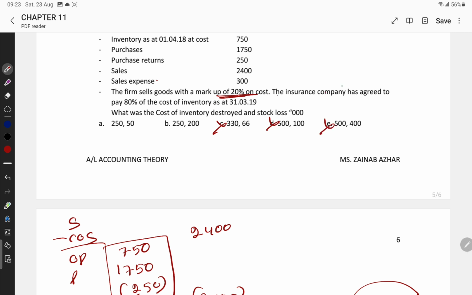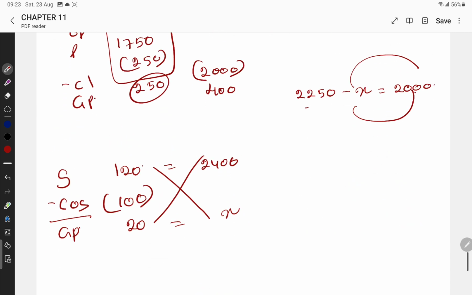So insurance company has agreed to pay 80% of the cost of inventory. I will explain this as a double entry. So 250's 80% we will get as insurance compensation. So 250's 80% is 200,000 we will get as compensation. Now the stock of inventory destroyed is 250,000.